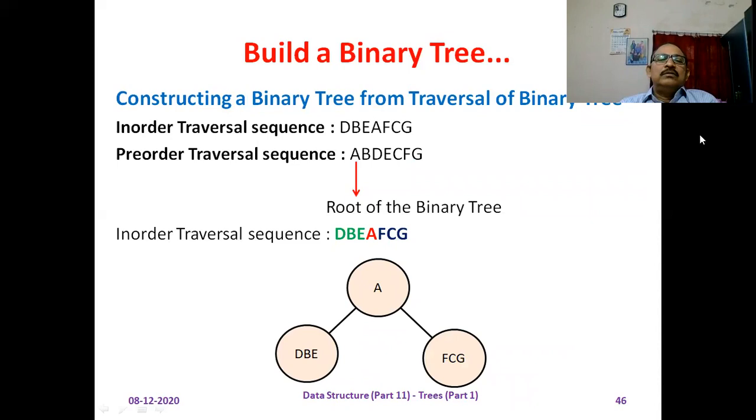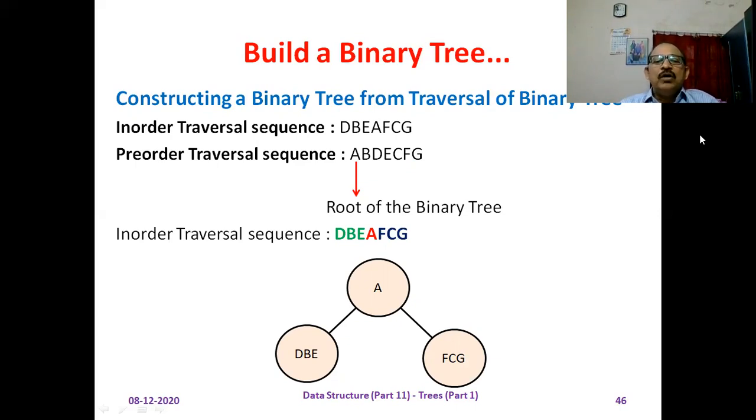Next step. Now look at the in-order traversal sequence. All the nodes on the left side of A in the in-order traversal sequence give the nodes in the left subtree of A, and all the nodes on the right of A in the in-order traversal sequence give the nodes in the right subtree.